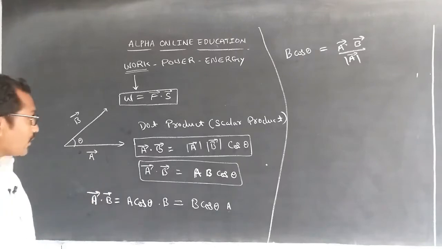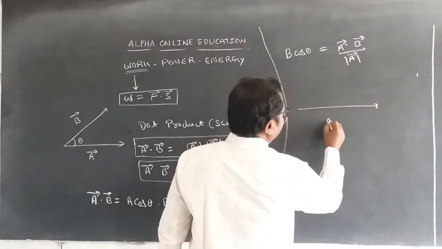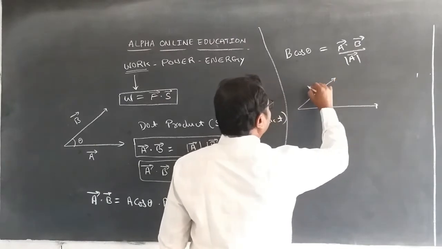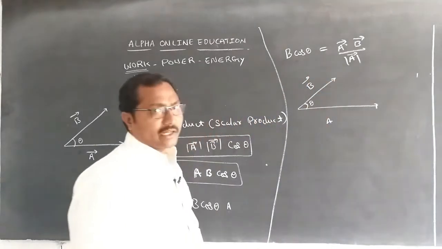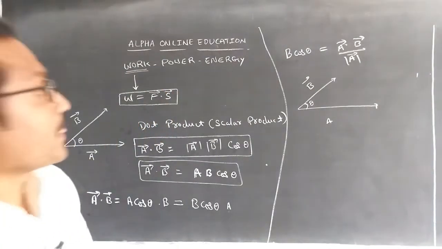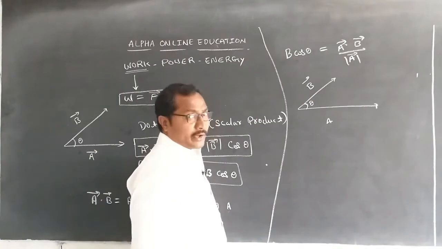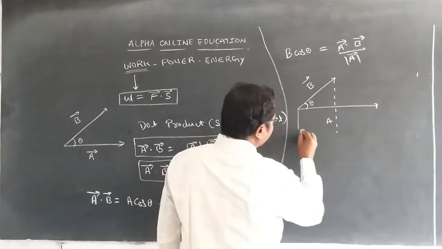Now I am going to draw that. This is the vector A and this is the vector B, and this is the angle between these two. Now I am going to write the component of B, from here to here.